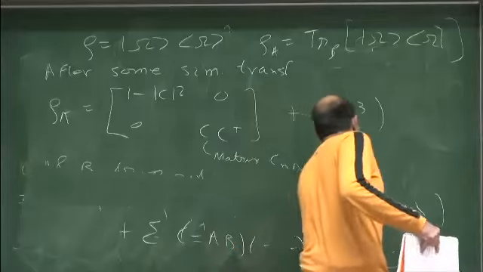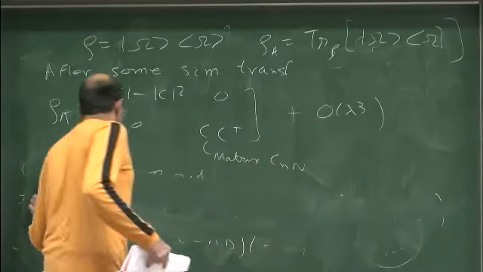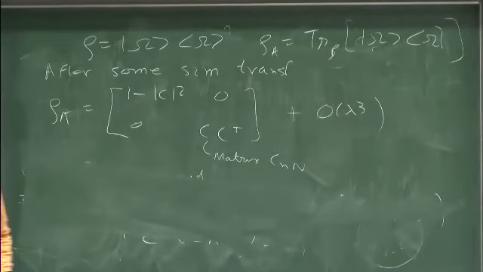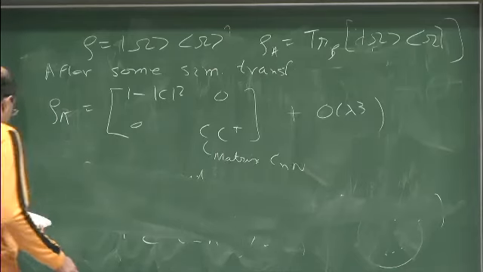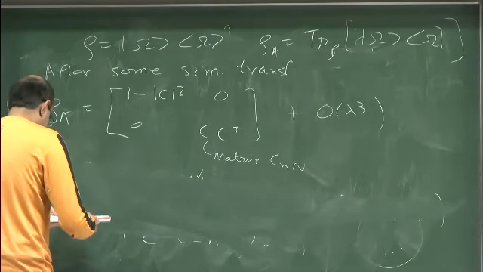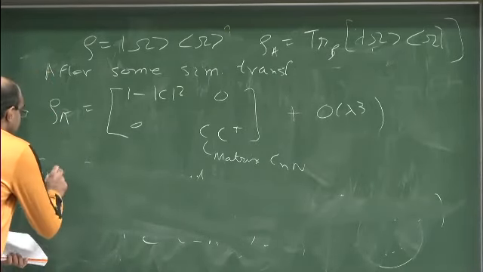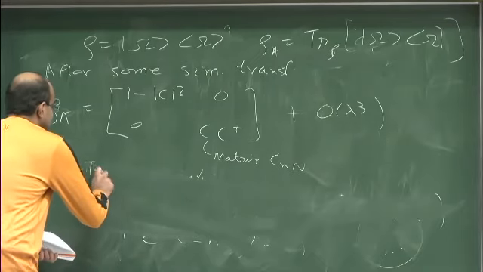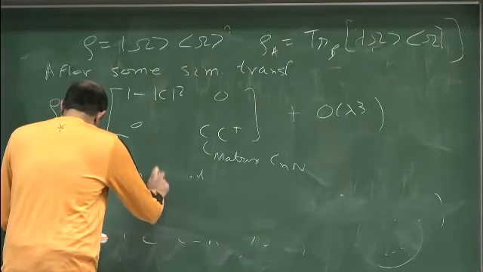So for this reason, A and B drop out, and only the C matters. In other words, the only terms that matter are the ones that mix the systems A and B completely. You get excited states in both parts. And so you can work out from all of this that the entropy is minus trace of rho log rho.